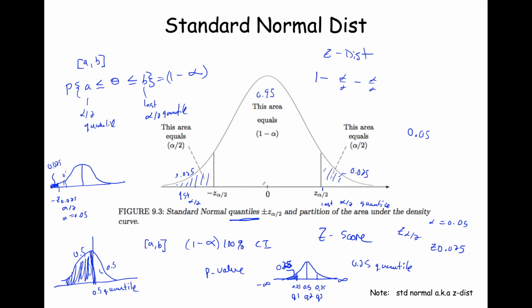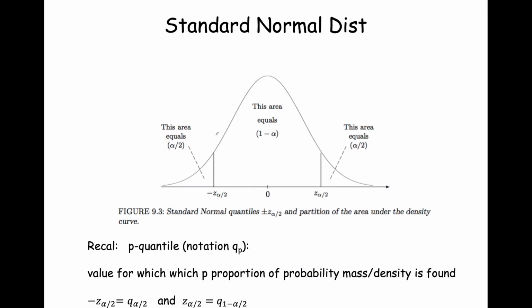You use the standard normal and the quantiles of the z-distribution to mark the endpoints for the 1 minus alpha times 100% confidence interval. It's a really, really important concept.